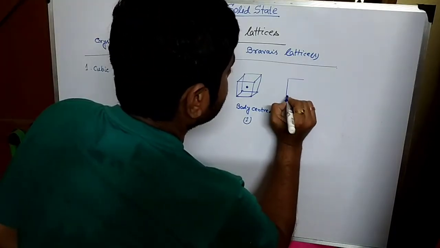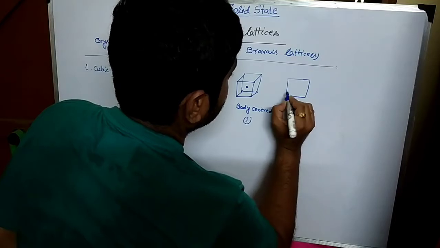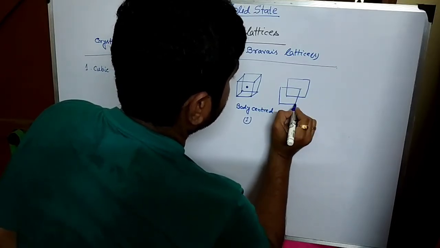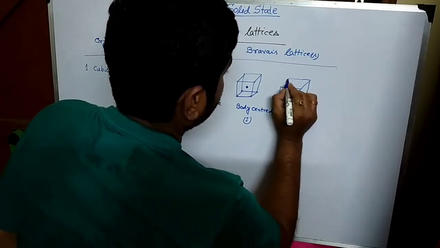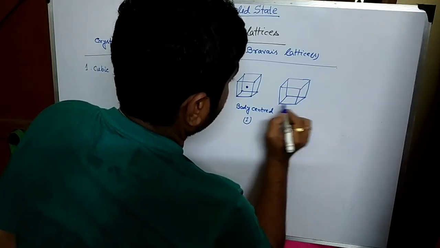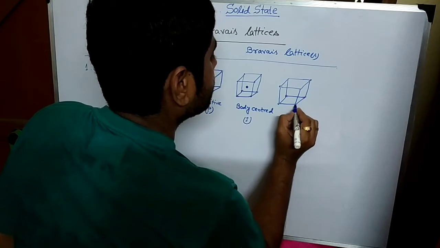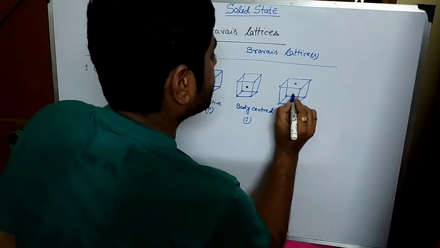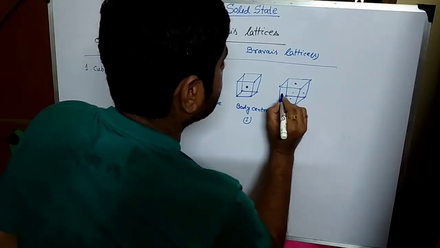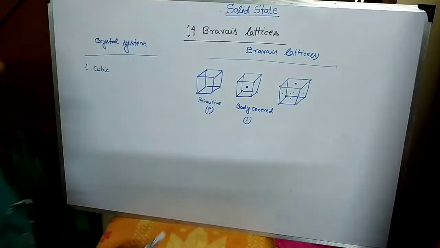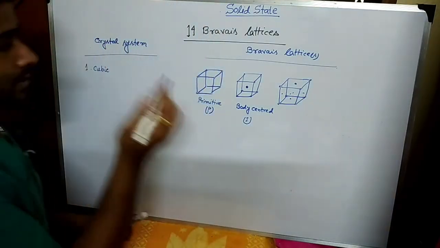Third is face centered. Each face is containing one lattice point. So these are the three types.